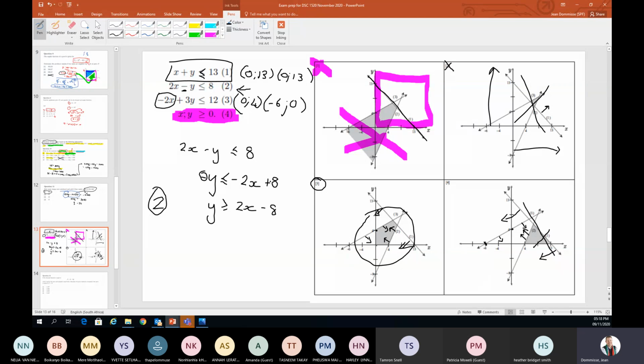Okay, so because of that sign, when we simplify it, we need to make it positive. Otherwise, we can't get to the inequality area. And when we make that positive, that whole sign will change around. And that's purely maths.